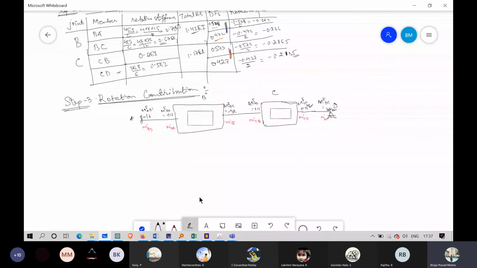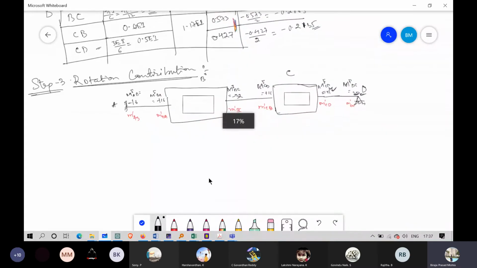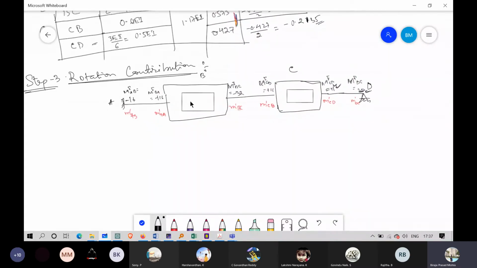So now what will be the value here? Here it will be MFBA plus MFBC. So I'm changing the color. It is plus 16 minus 32 equals minus 16.